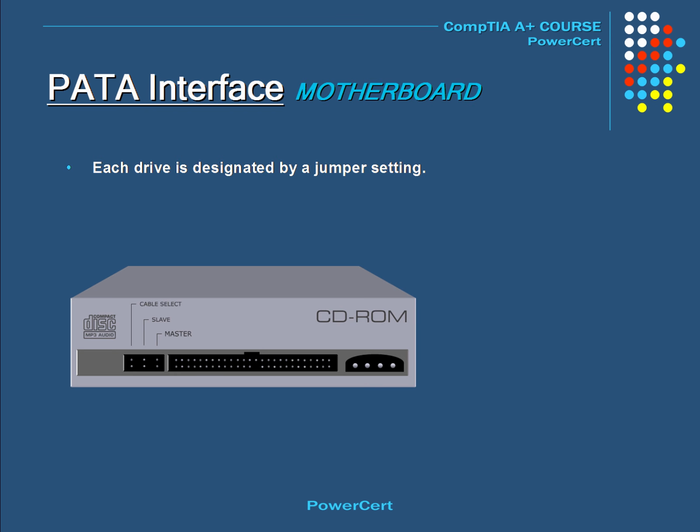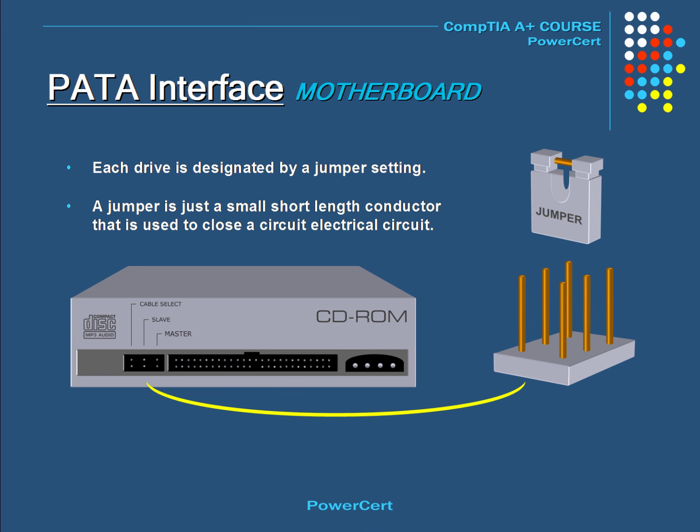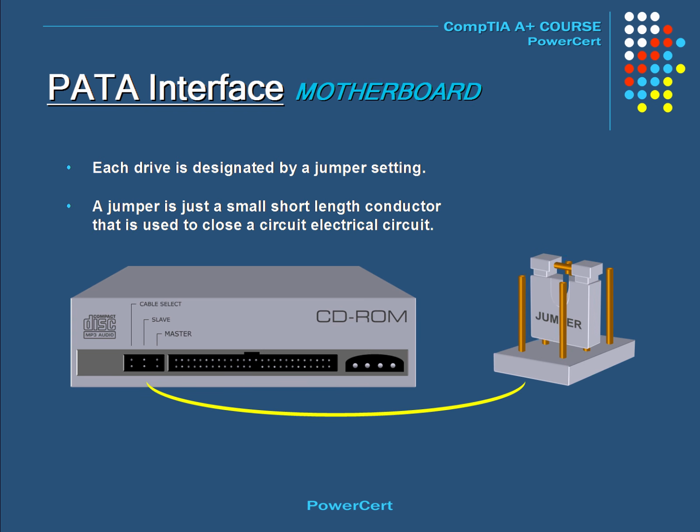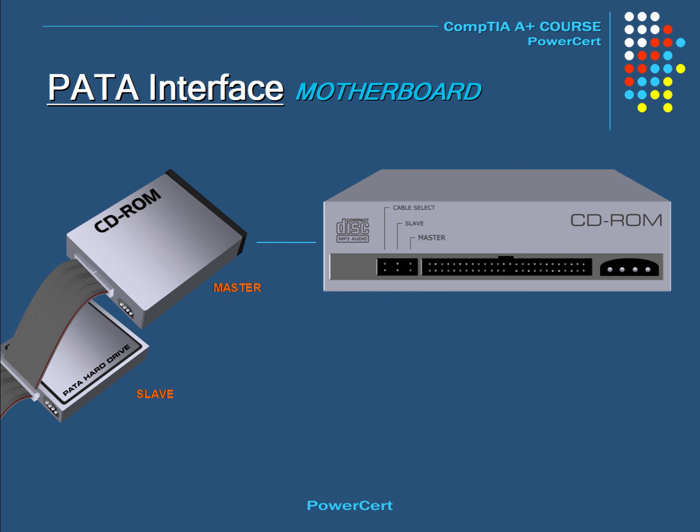And each drive is designated by a jumper setting. A jumper is just a small short-length conductor that is used to close an electrical circuit. Jumper settings are located on the back of each drive. The jumper settings are either master, slave, or cable select. The drive that is placed on the end of the cable is the master, which will use the master jumper setting.